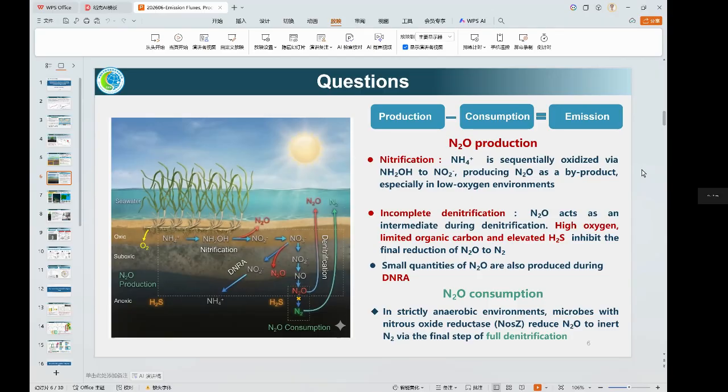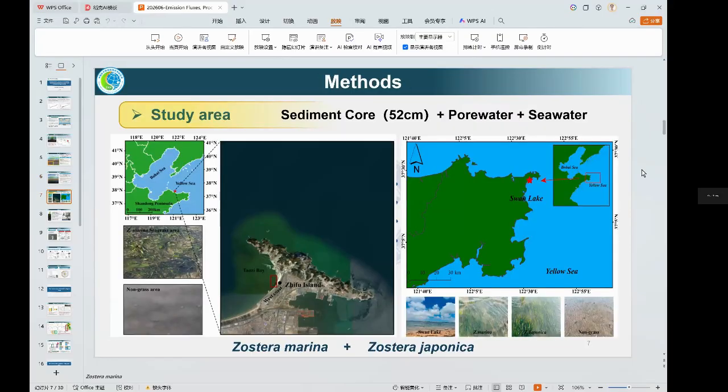As for N2O consumption, complete denitrification is the only biological sink for N2O. It reduces N2O into nitrogen under strictly anaerobic environments. Our research was carried out in Zostera marina and Zostera japonica beds in northern China.